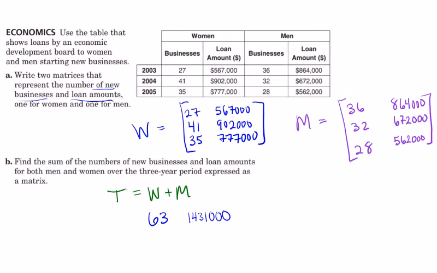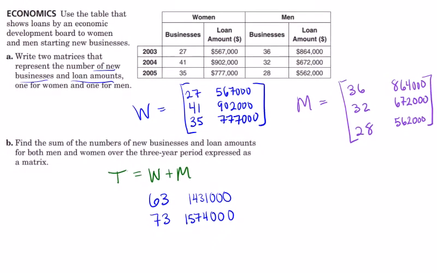Then 41 plus 32 is 73. And then we'll add 902,000 plus 672,000, so that's going to be 1,574,000.